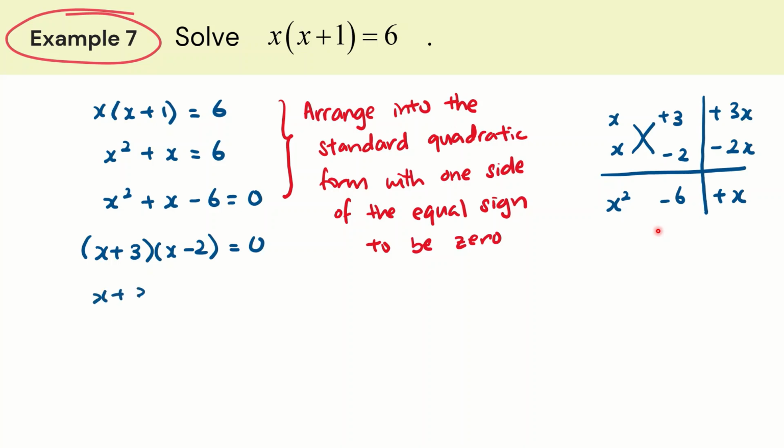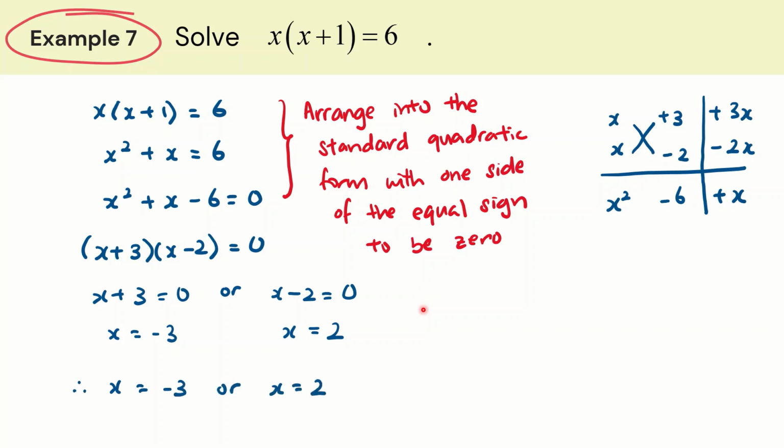Then we can apply our zero product rule, that is x plus 3 equals to 0 or x minus 2 equals to 0. So x equals to negative 3 based on the linear equation on the left, and x equals to 2 based on the linear equation on the right. Therefore, we have two solutions to this question, that is x equals to negative 3 or x equals to 2.